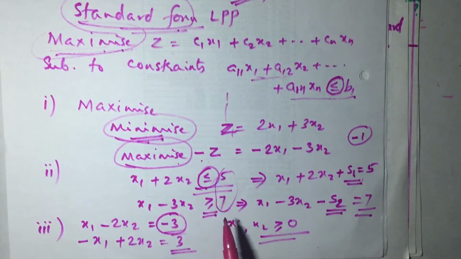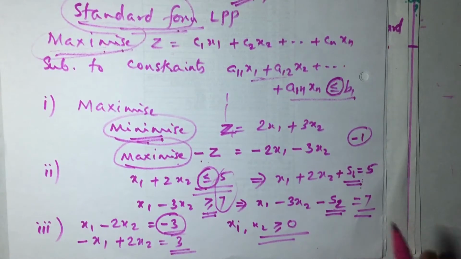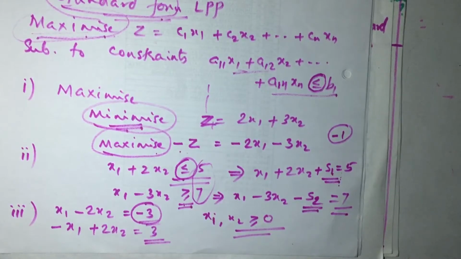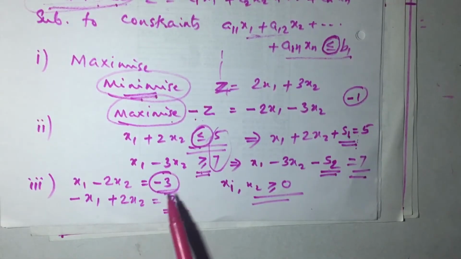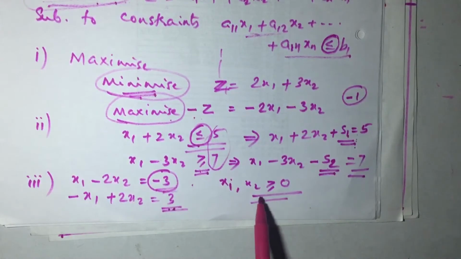If they are of less than or equal to or greater than or equal to type, convert them into an equal sign by adding slack variables or surplus variables. Then all the RHS of constraints should be positive. If negative, multiply throughout by a negative sign and make it positive. And fourth, all the decision variables and slack variables are of non-negative type.